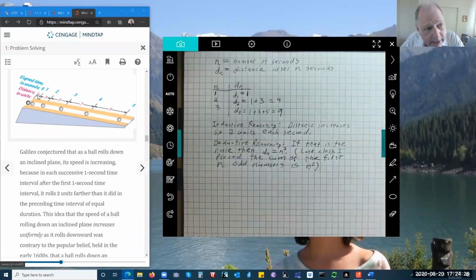But look, if you roll 1 second, you go 1. You double that, you go 2 seconds. Now you've gone 4. If you double that again, 2 seconds versus 4 seconds, doubling the time, what happens to the distance? Oh, okay, good.